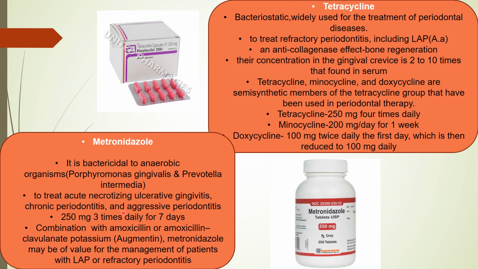The dosage is 250 milligram 3 times daily for 7 days. It can be used in combination with amoxicillin or Augmentin, and metronidazole may be of more value for the management of patients with refractory periodontitis or localized aggressive periodontitis.